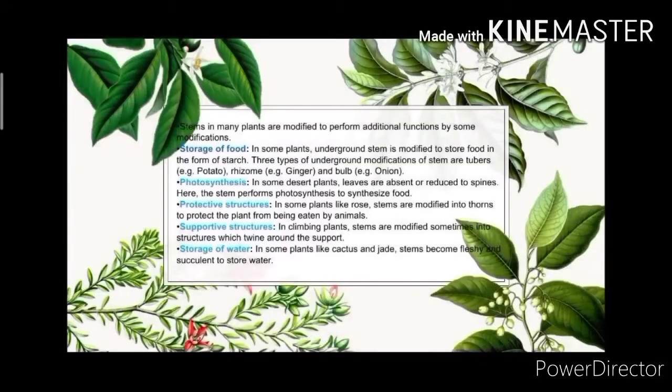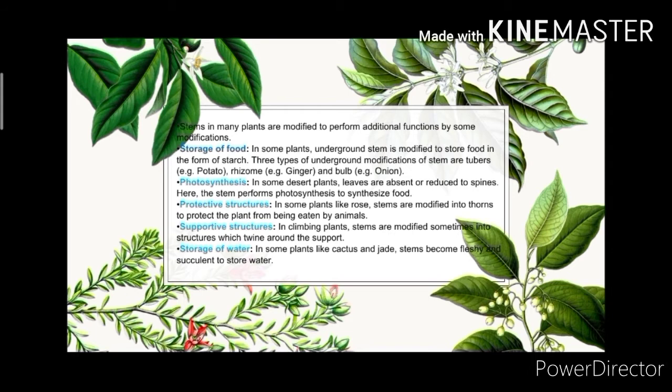Sometimes stems are modified to perform some other function also. For example, in some desert plants, stems are reduced to spines, like the thorny portion.